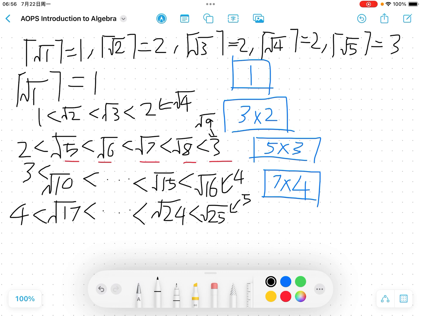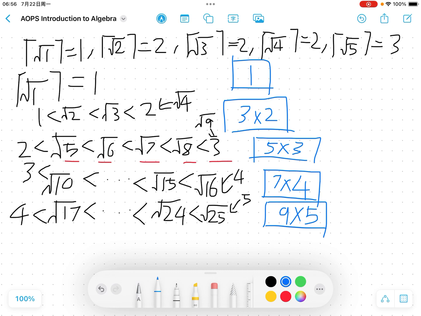So all these numbers are between 4 and 5. So we have 25 minus 17 plus 1. We have 9 numbers here that are between 4 and 5, which have their ceiling function be 5.